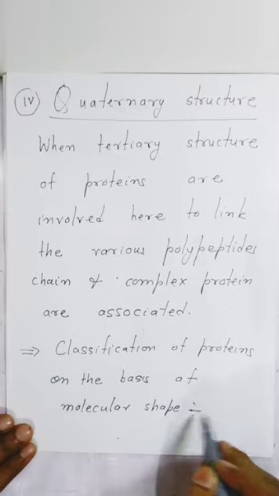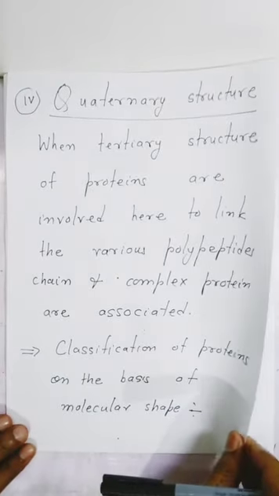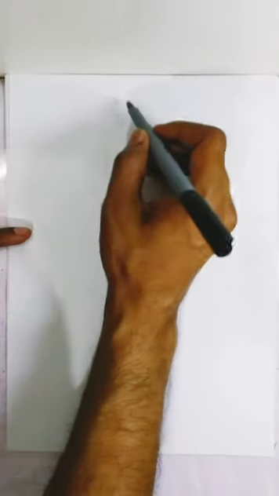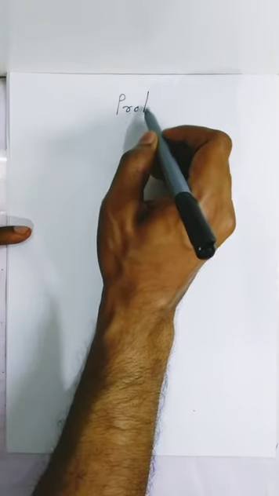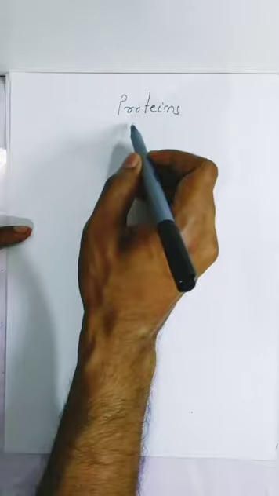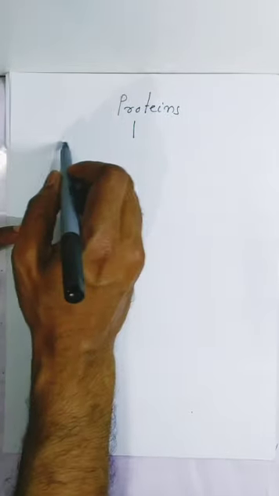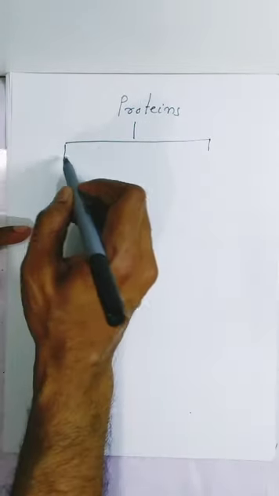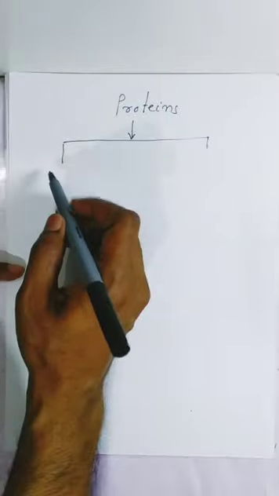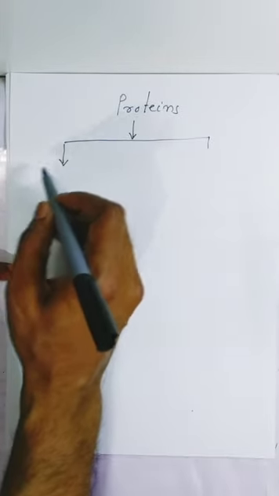Now we are going to classify the proteins on the basis of molecular shape. Proteins are classified into two categories. First, students, the first category is called fibrous proteins.